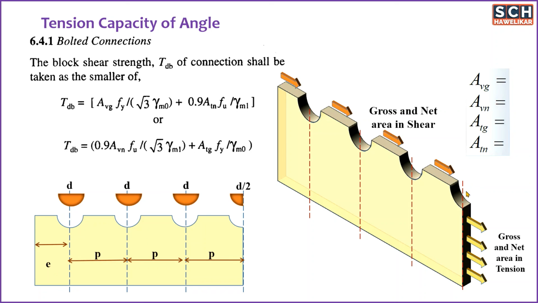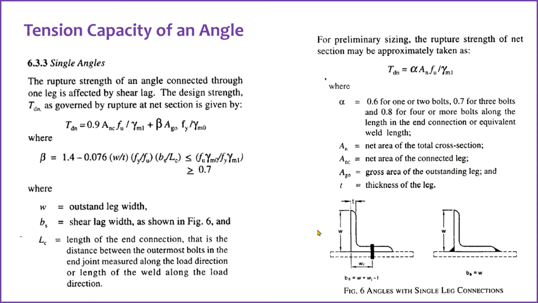Gross area in tension means the total depth of the particular failed part without considering the bolt, and ATN means, with consideration of bolt dimension, the net area of the section in tension. So likewise we can calculate the design parameters related to the design of tension member.